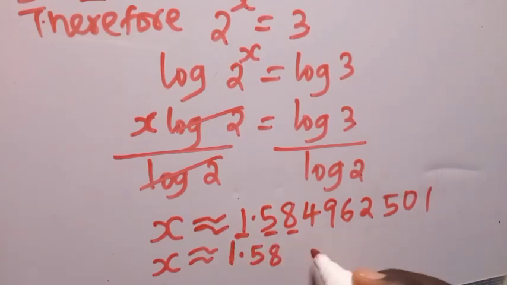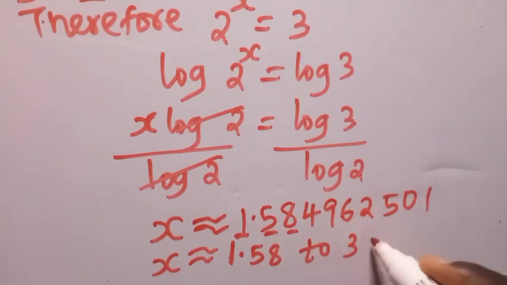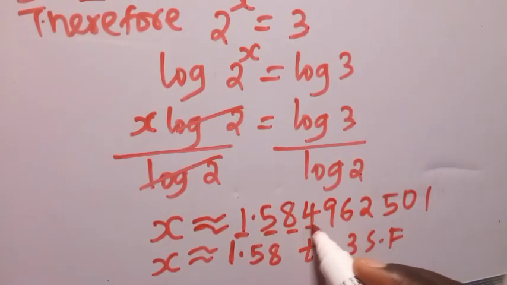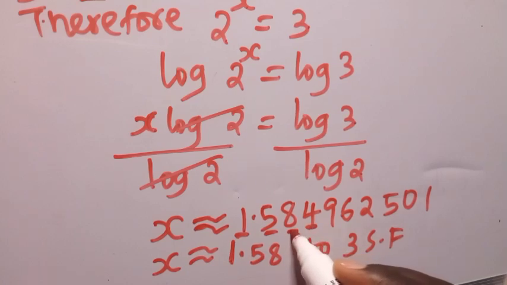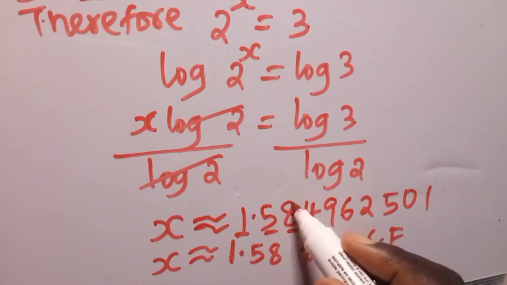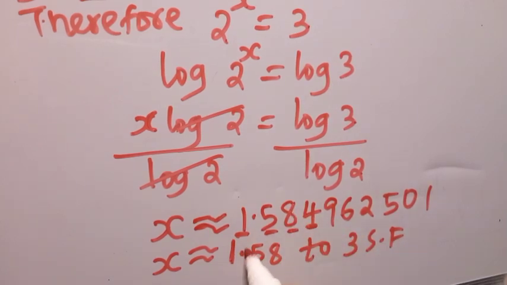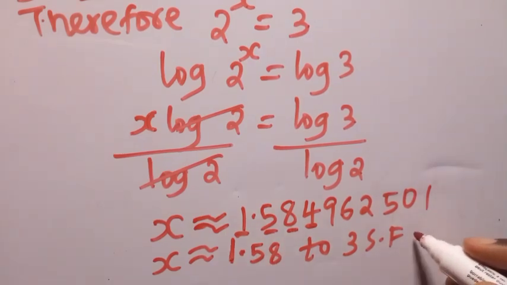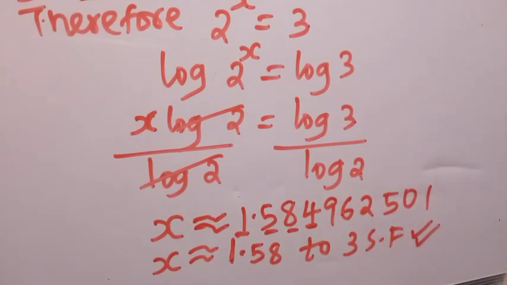That is to 3 significant figures, because the number that is behind 8 is less than 5, and therefore there is no addition of 1 here. So we shall only have 1.58 to 3 significant figures, and that is the final answer that we shall obtain.